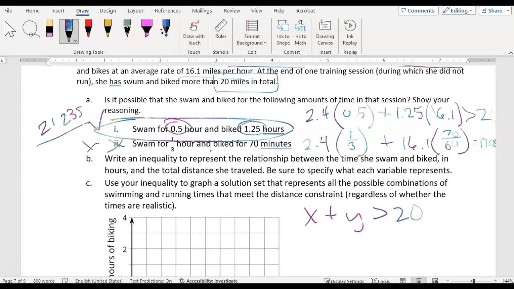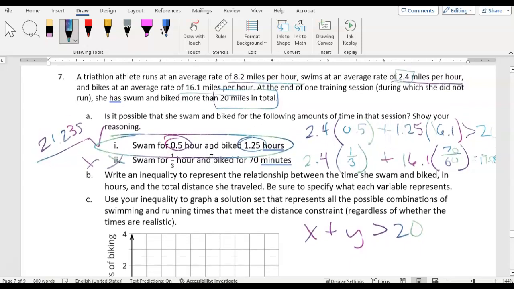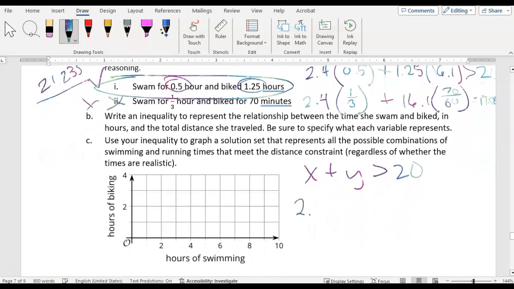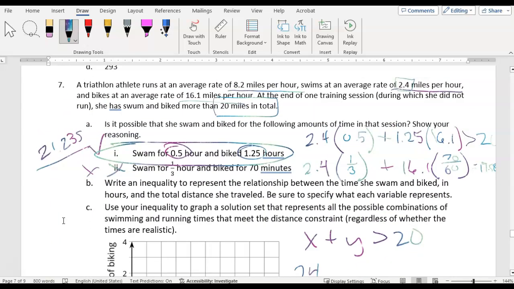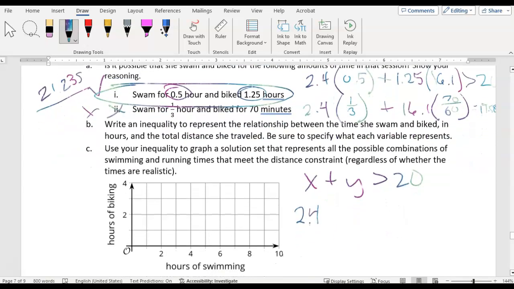And she is swimming at 2.4 miles per hour and biking at 16.1, so we can instead represent this as 2.4x plus 16.1y is greater than 20.